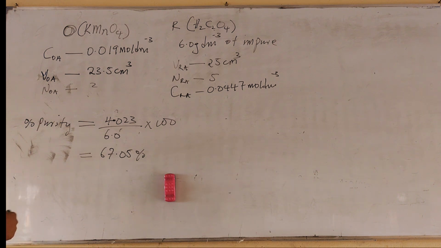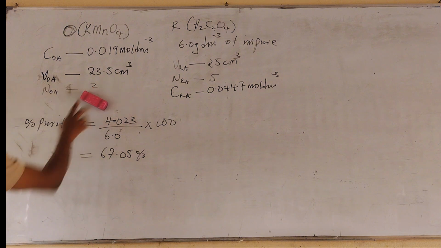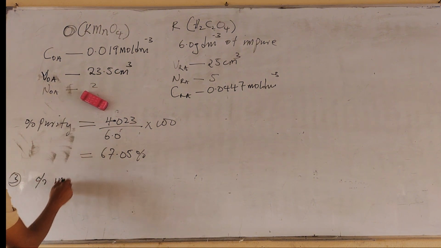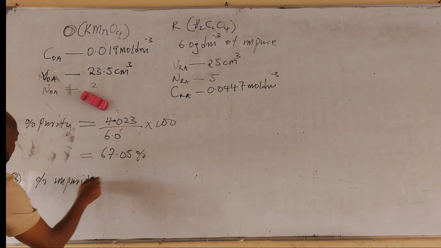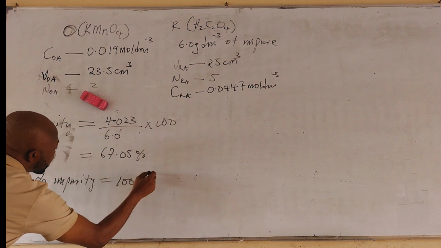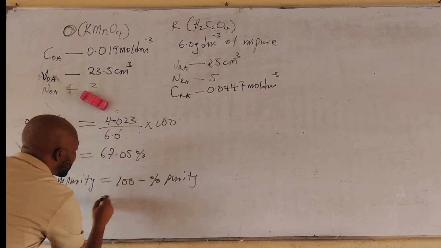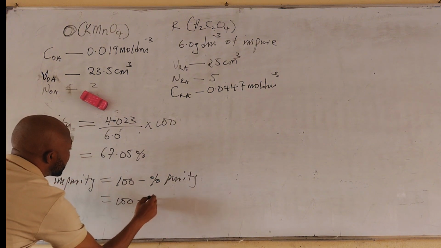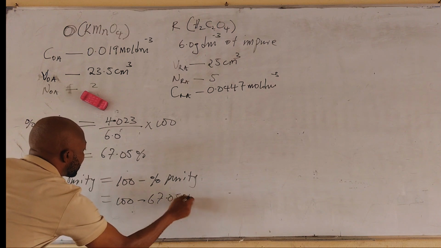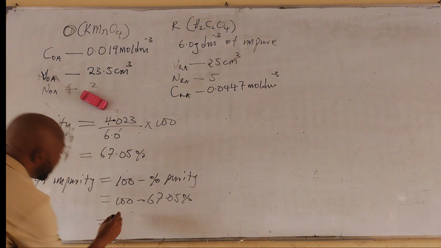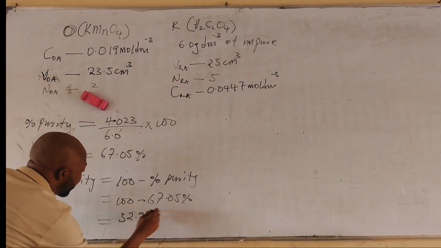So now finally, let's see what it is, the percentage impurity. So finally, we say percentage impurity is equal to 100 minus percentage purity, which is equal to 100 minus 67.05%, which is 32.95%.